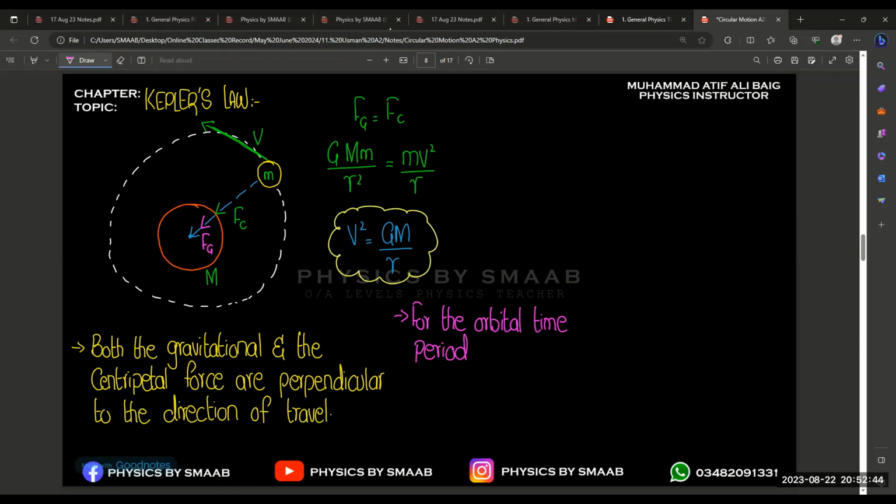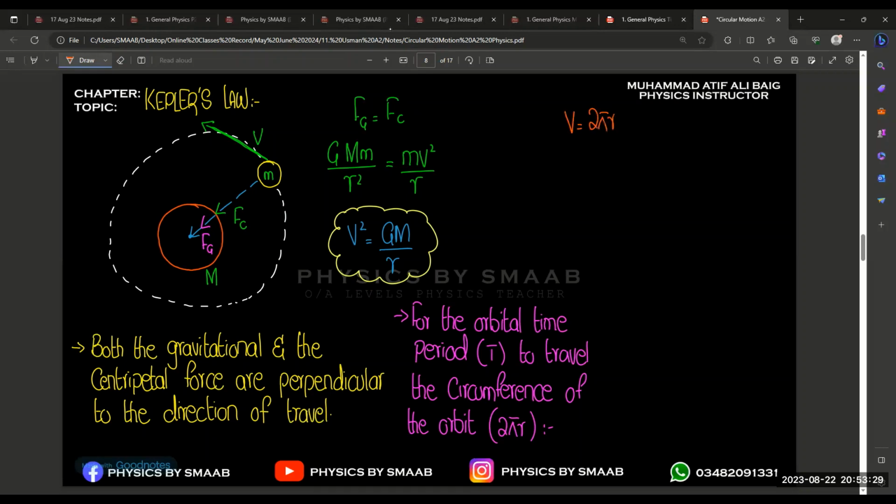For the orbital time period, that is capital T, to travel the circumference of the orbit, that is 2 pi r, we can write the equation like this: v equals 2 pi r over t.